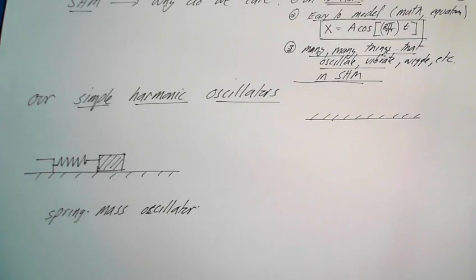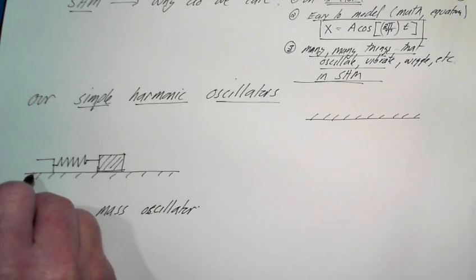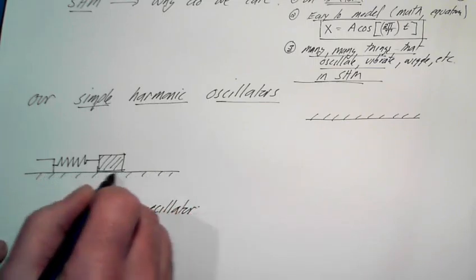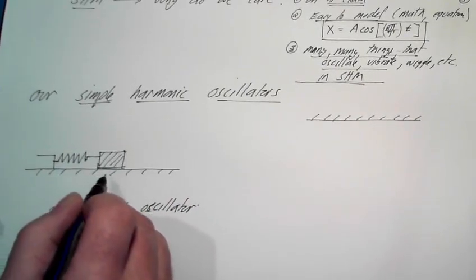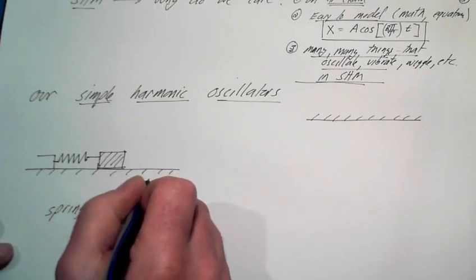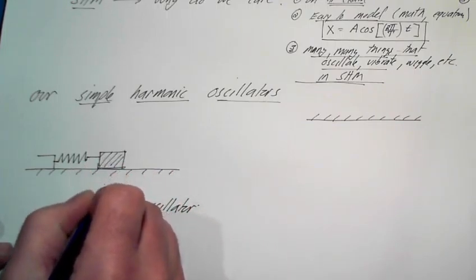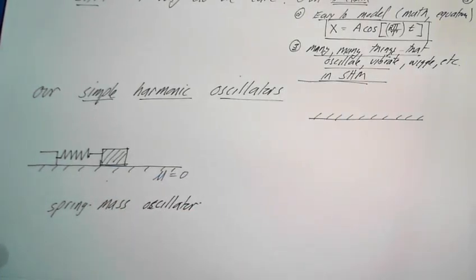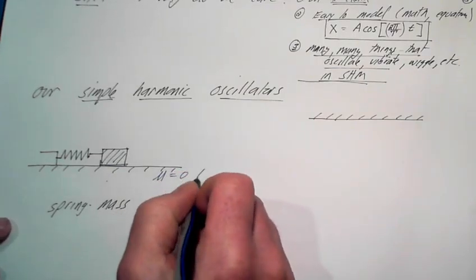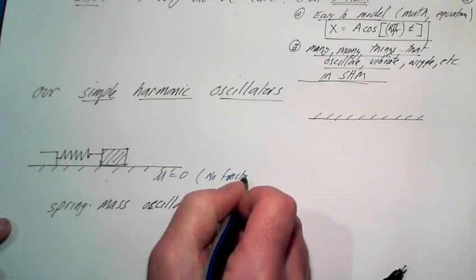Some of the features of our spring mass oscillator: we really only put this surface here on the bottom to give you a sense of what this mass is sitting on. We could leave it out, but it's really there just to keep you from wondering why this thing is not falling down. But we're going to make it mu equals 0, and hopefully you realize that means no friction here.